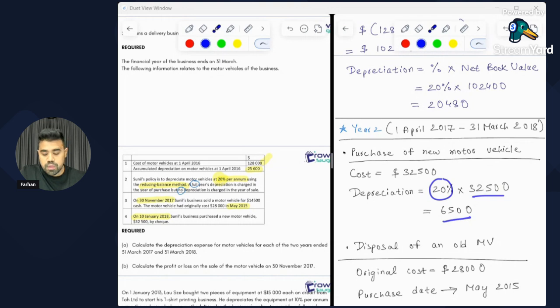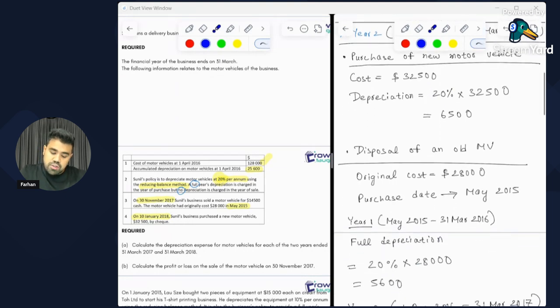All right. Now we move to the motor vehicle that we have disposed of or sold. So, disposal of an old motor vehicle. This information can be found in point number 3 within the table. On 30 November 2017, Sunil's business sold a motor vehicle for $40,500 cash.